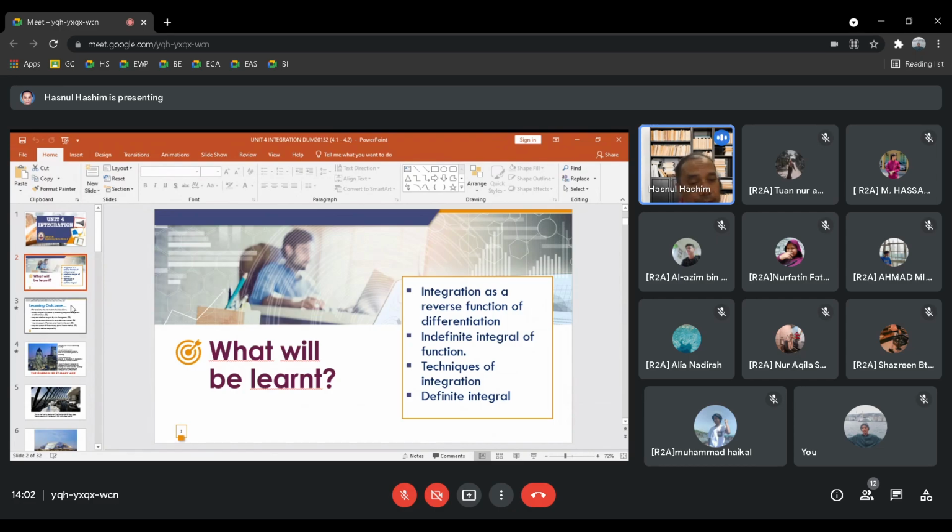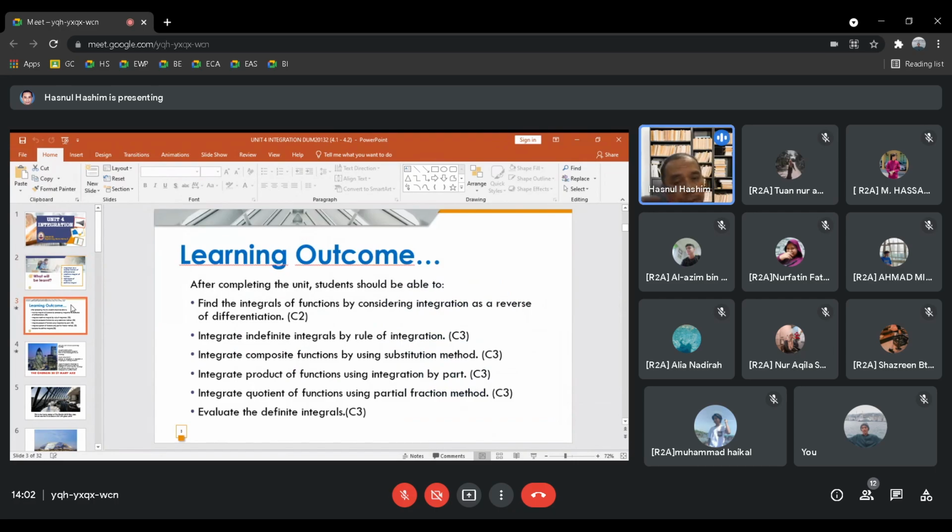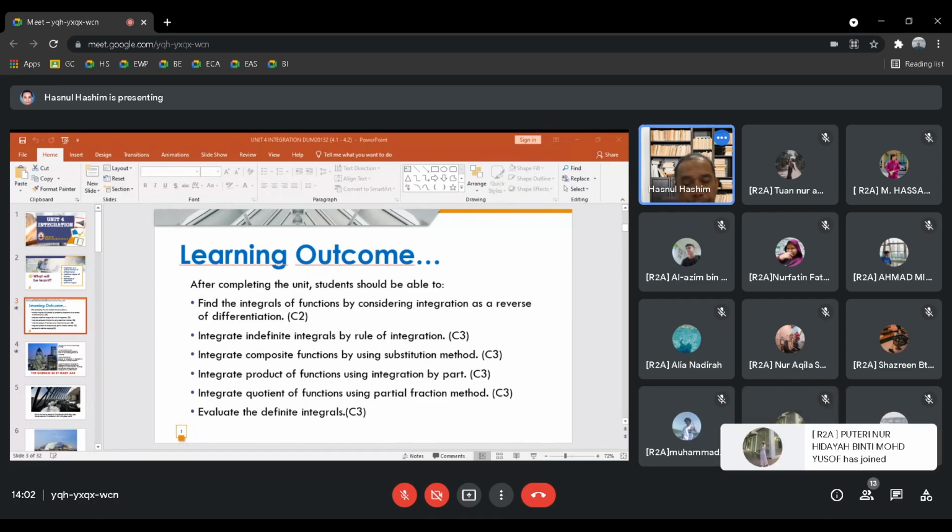Okay, and then we look at the learning outcome. After completing the unit, students will be able to find the integrals of function by considering integration as a reverse of differentiation. Then integrate indefinite integrals by using rules of integration, and integrate composite function by using substitution method.